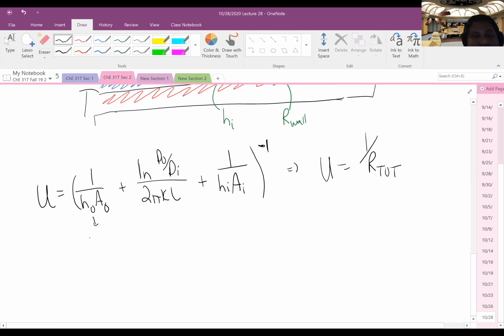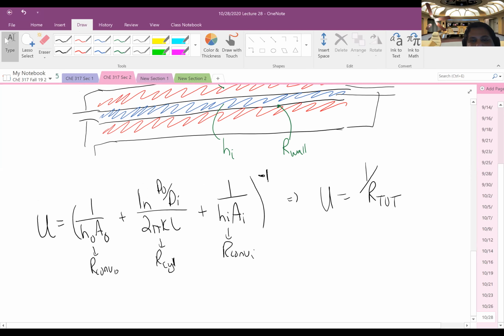I have our convection, R of a cylinder, and then R of a convection again, right? This is on the outside, this is on the inside. So I add those up, I get a total thermal resistance, I take the inverse, and I'm left with a heat transfer coefficient.